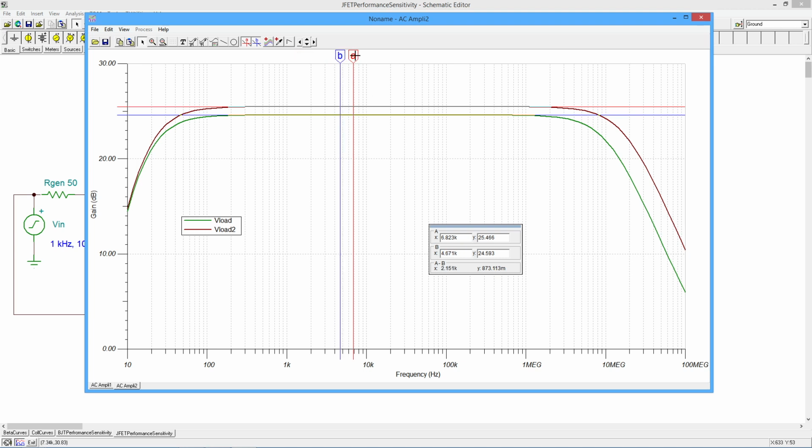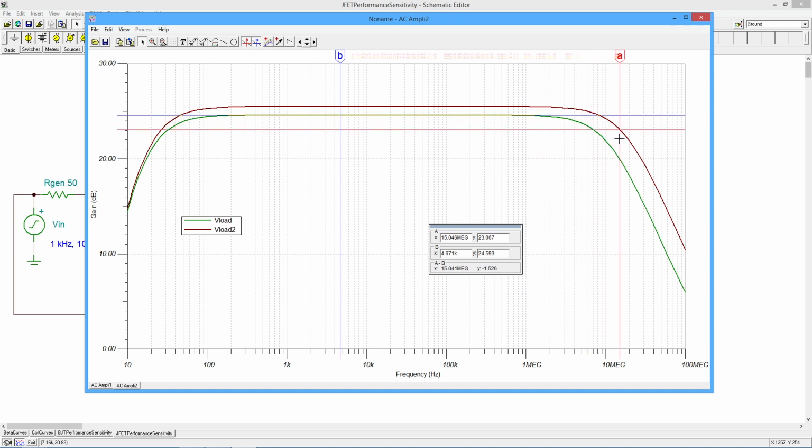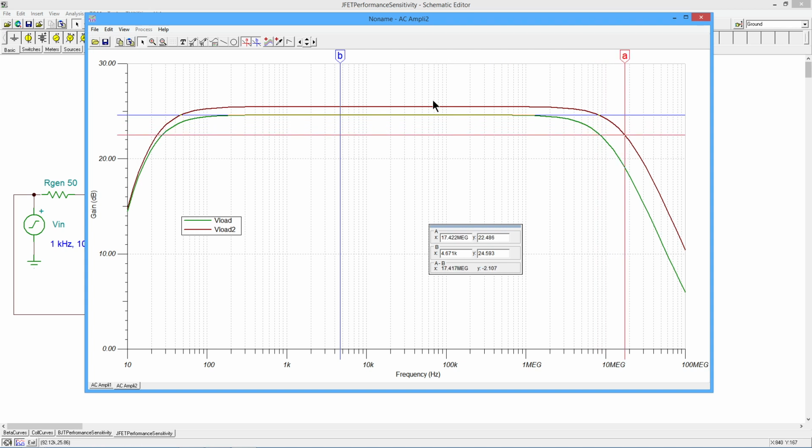Again, let's check out what the frequency response is. So if this one on top is 25.47, just about 25.5, we're going to be looking at a little under 22.5 for our breakpoint. That looks pretty good.